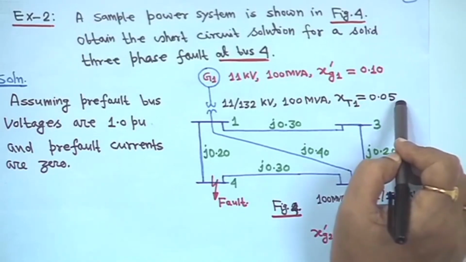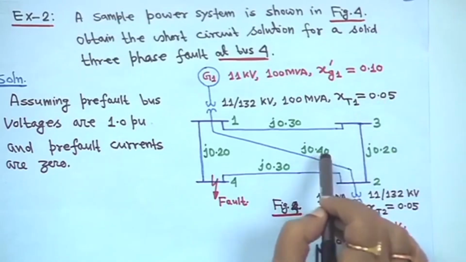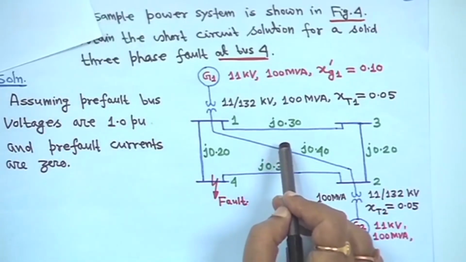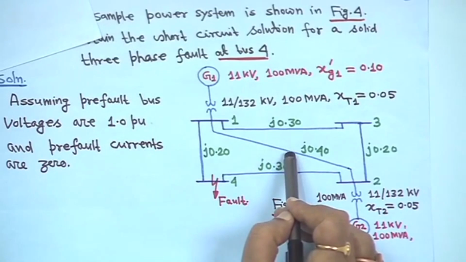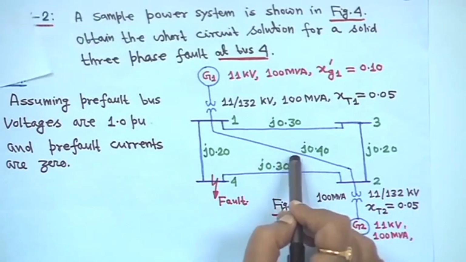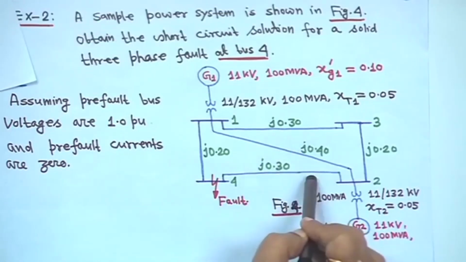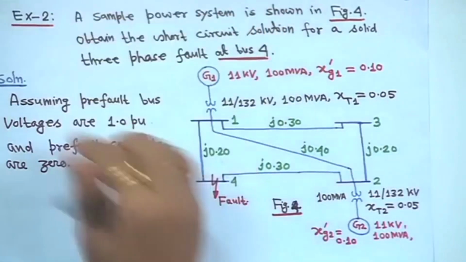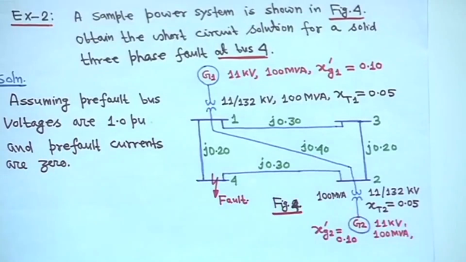After constructing the Y bus matrix, I have this matrix with me, but I am not giving it to you; you construct it and you will get Z bus equal to Y bus inverse. Our interest is to get the Z bus matrix.